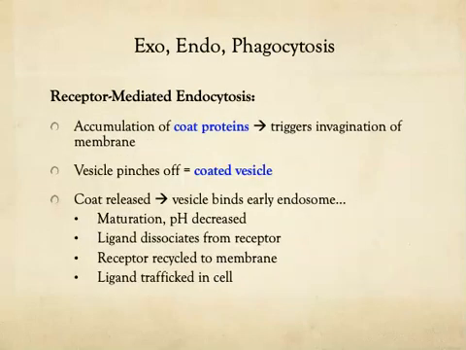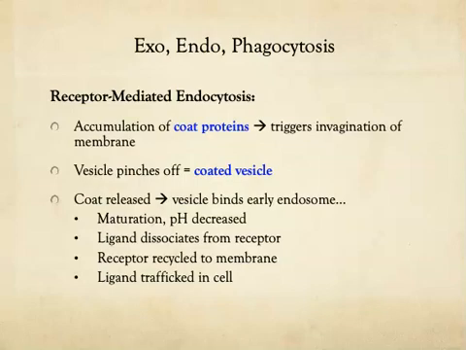So this is one of those cases where it's about the accumulation of material. As more and more ligand receptor complex arrives at these coated pits on the membrane, as more and more of it arrives and accumulates in the pit, that's going to trigger more and more coat protein to come to the pit.